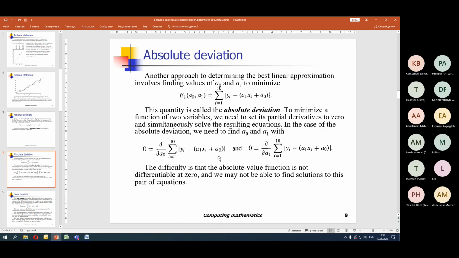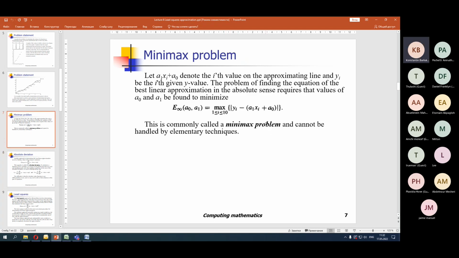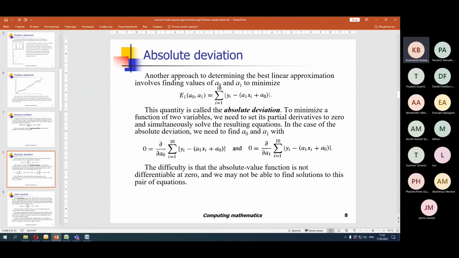Well, I mentioned these two approaches, the min-max approach and the absolute deviation approach, just to stress that the best linear function can be defined from different points of view, with different approaches.